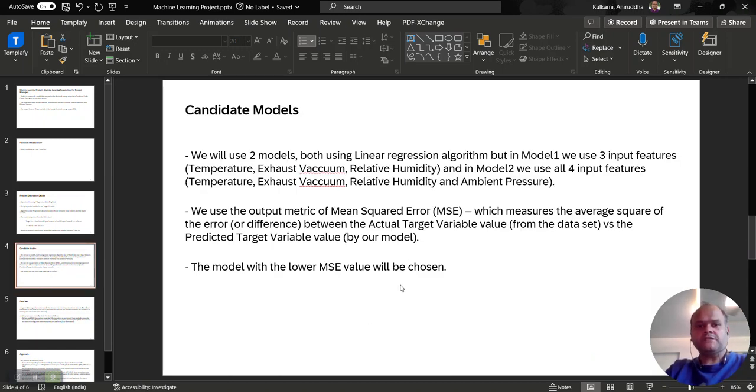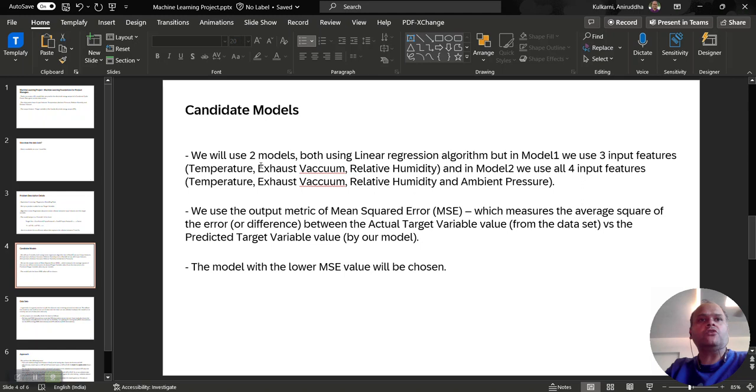So for this exercise, I decided to create two models, and then the idea is to compare the two models so that we can choose the best one. We will use two models, both using the linear regression algorithm. But in model one, we use only three of the input features. These are features that I chose pretty much randomly.